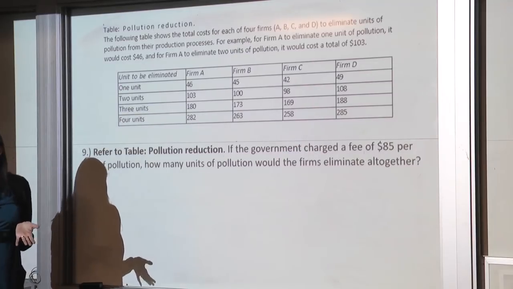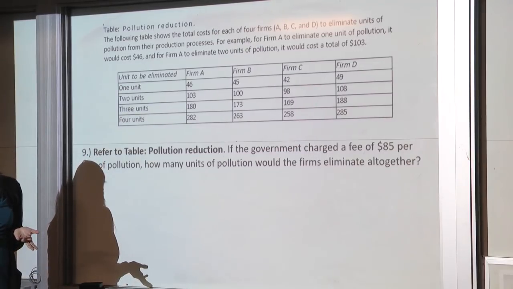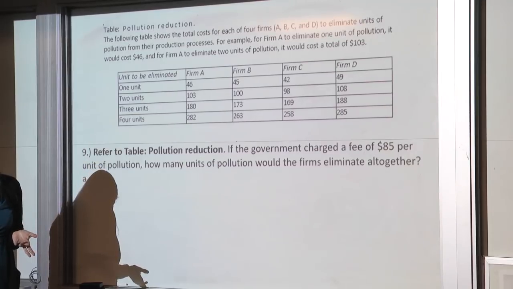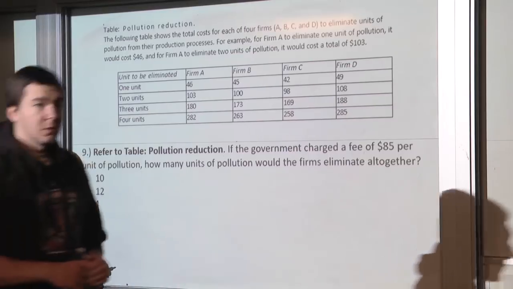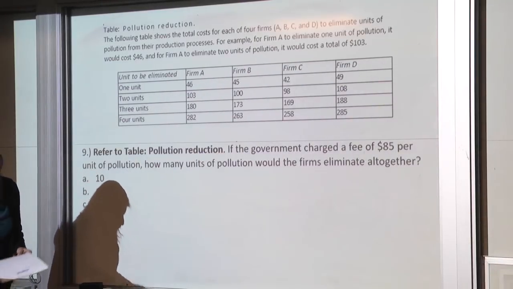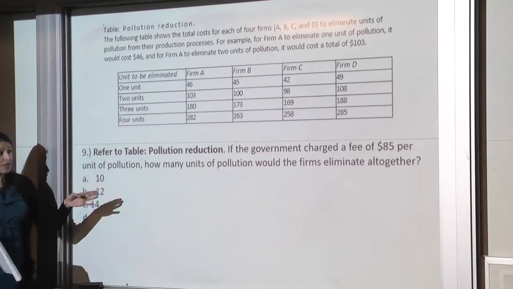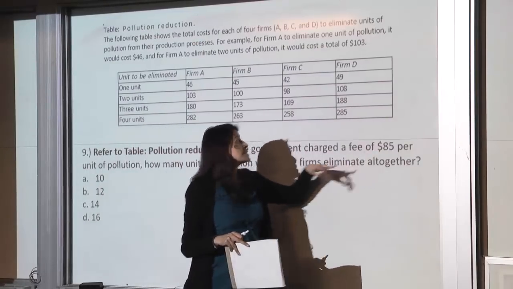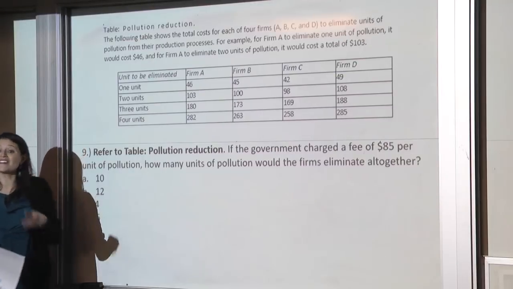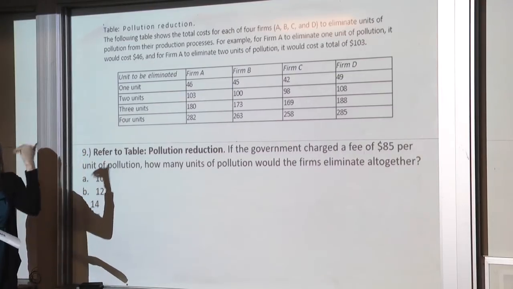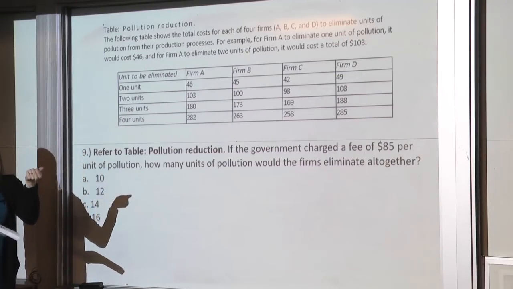So how do you make this calculation? Excellent. So the firm will pay the government 85 instead of assuming the cost of eliminating the unit when the marginal cost of eliminating a unit is higher than 85.